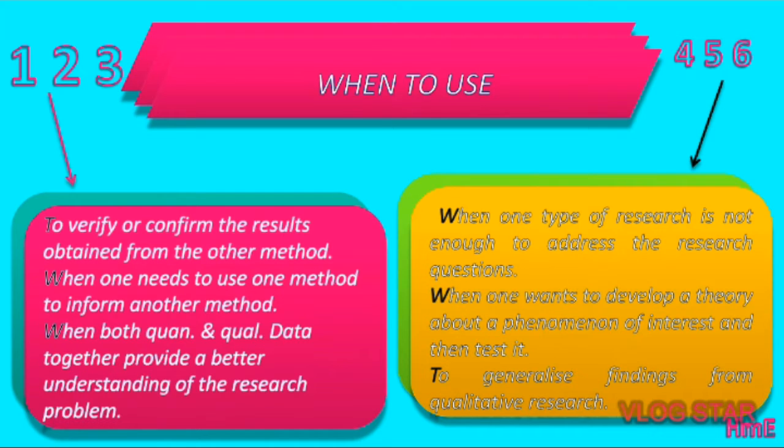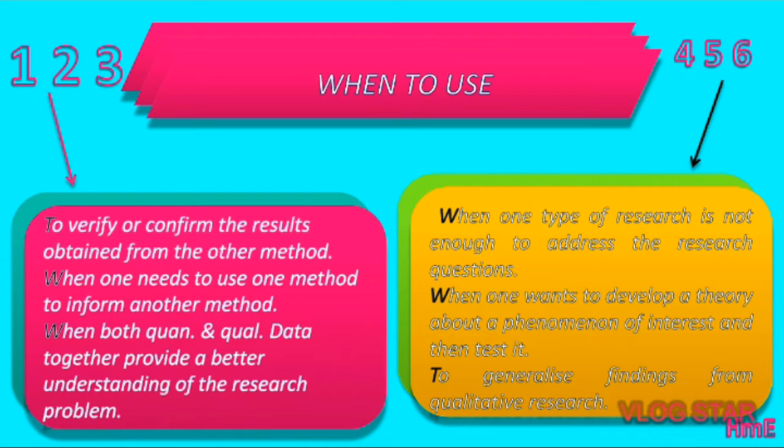Then when one type of research is not enough to address the research questions, the researcher can also use the mixed method if he thinks that a single method will not help him to address the research questions, the objectives and the research problem comprehensively.